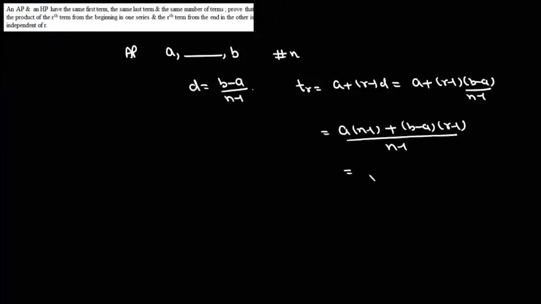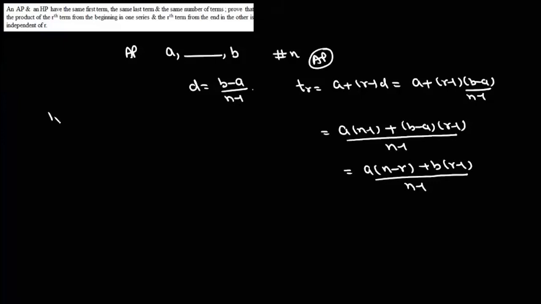We can also write this as [a(n minus r) plus b(r minus 1)] upon (n minus 1). So this is the rth term of an AP from the beginning.